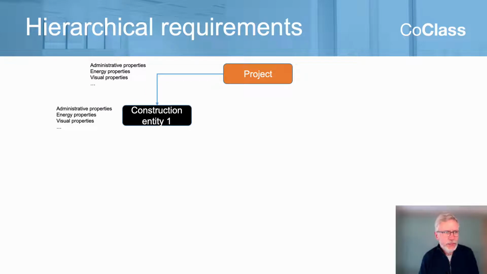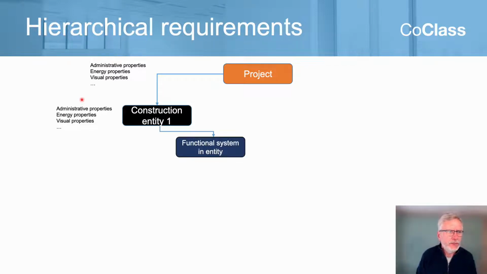So you start putting requirements on the project level. Administrative properties, for instance, how much energy use, what the architecture is like, and so on. And you have construction entities in a project, for instance, a building. Again, energy properties, the architecture, and so on.